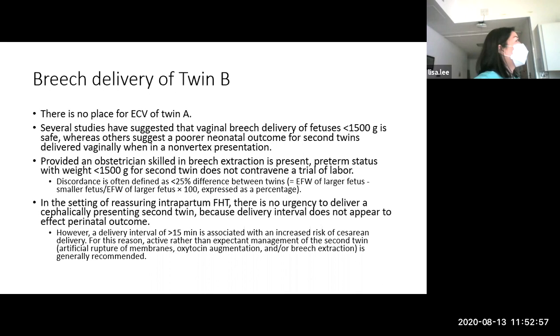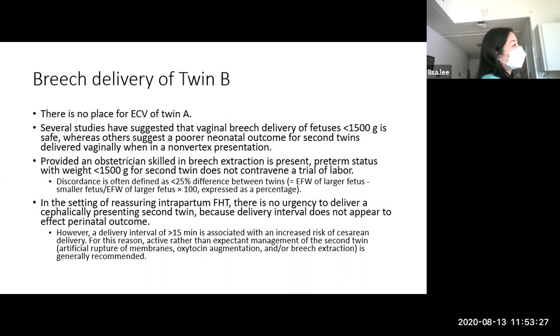What do we usually consider when counseling patients about the fetal weights of twin A and twin B, if they're concordant? B should be smaller than A, right? Yes, because if A fits through, then any baby at least the same size or smaller should be able to fit through, and you would be less concerned about head entrapment.